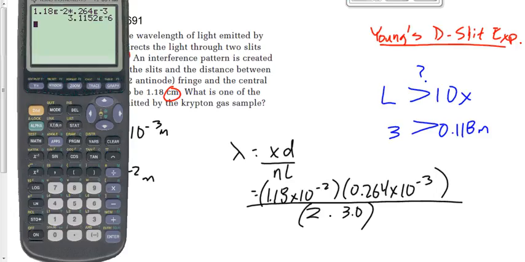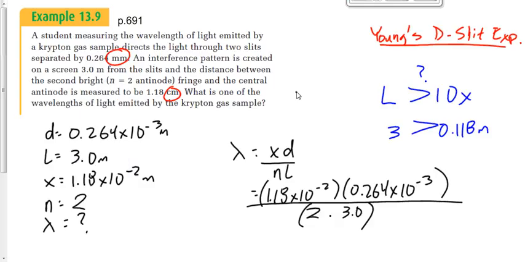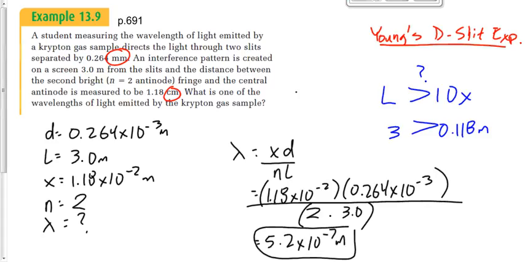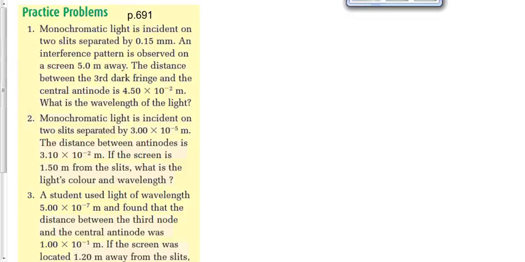Press equals. Now let's divide it by 2 times 3, which is 6. 5.2 times 10 to the minus 7, which again is right in that range that I expected to get, 10 to the minus 7 meters. If you don't get 10 to the minus 7, it doesn't mean you're wrong for sure, but there's a very good chance you are. All right, let's have a look at page 691 now.